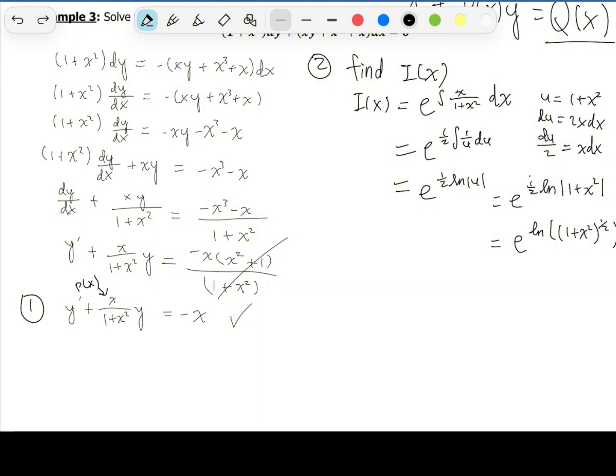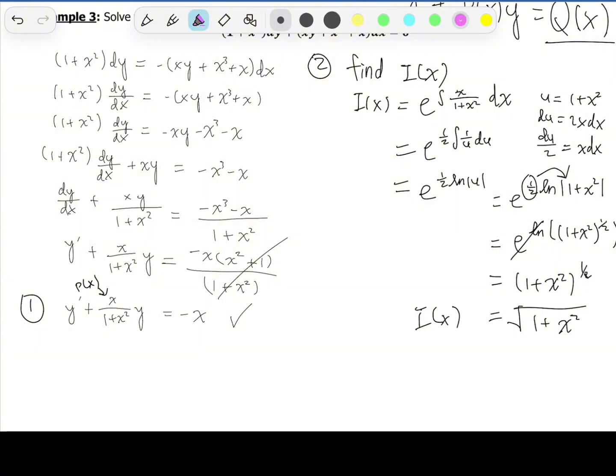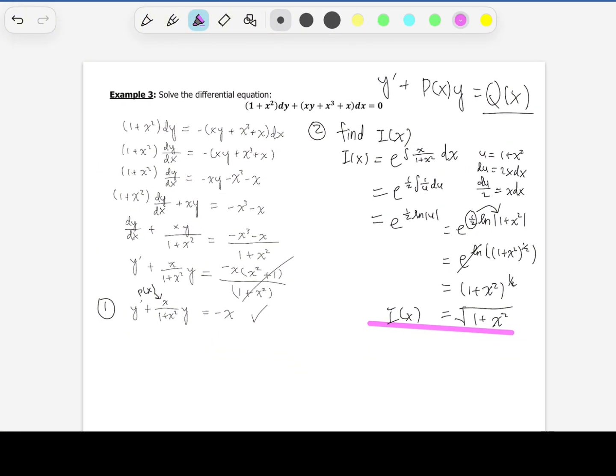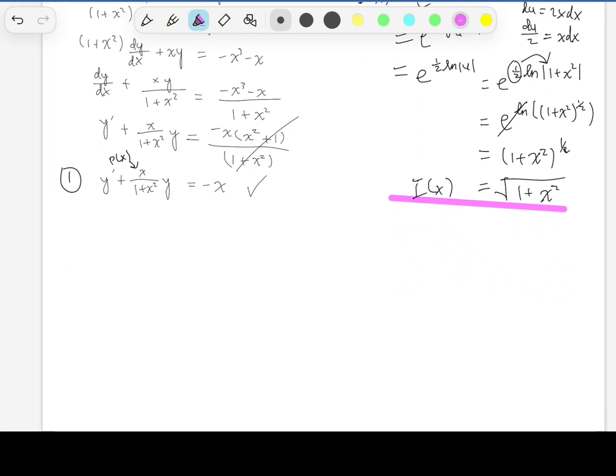You have to bring this 1/2 in first before you cancel out the e to the ln. So this equals 1 plus x squared to the power of 1/2, and let's rewrite this as the square root of 1 plus x squared. As you can see, this one is a little bit more involved.